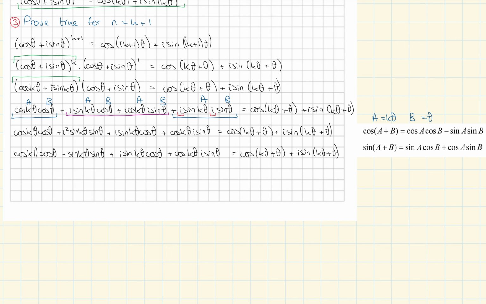And we'll just impose the formula on top for a second. So that told us we have cos A, cos B, minus sine A, sine B. So that matches that one.